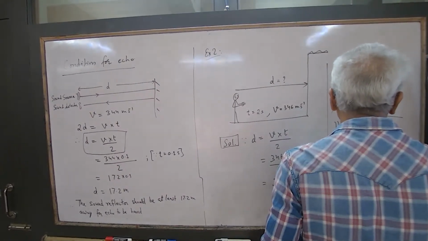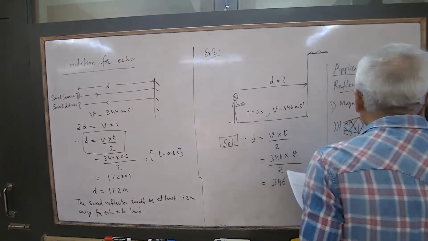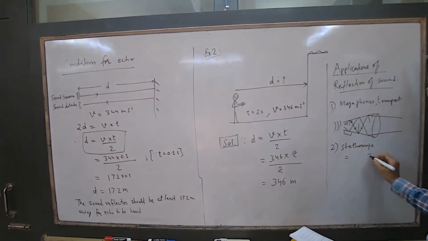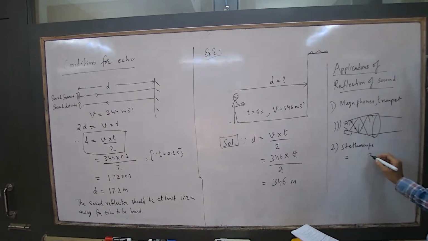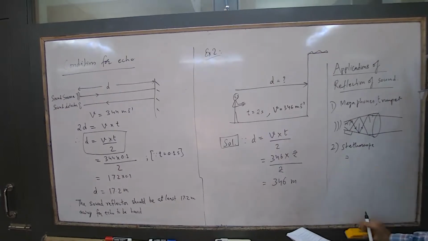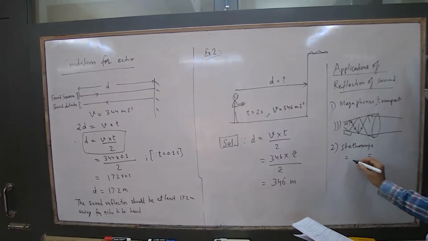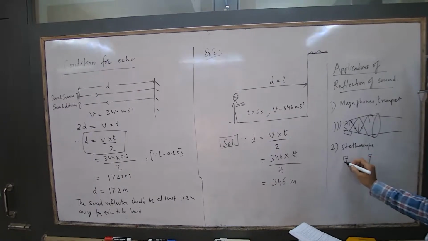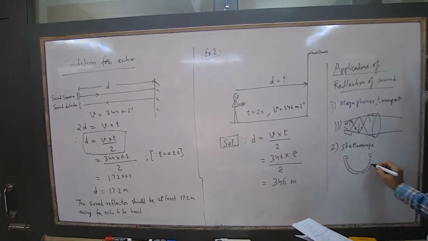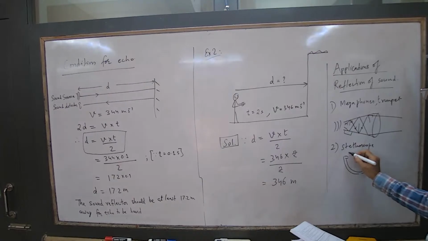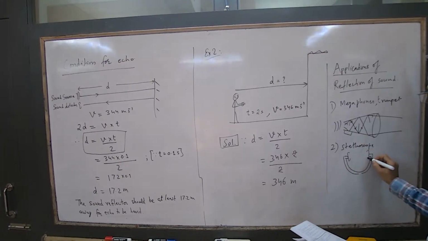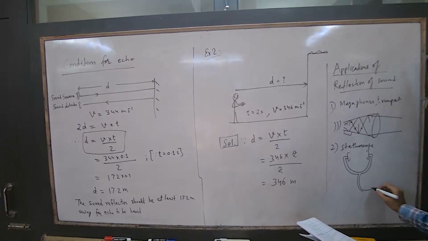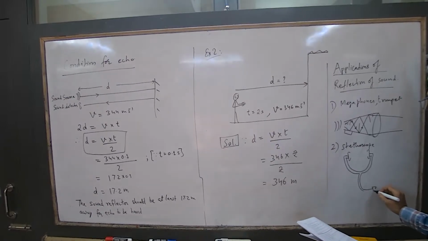Second, the stethoscope, the doctor's stethoscope. So the doctor has two sound inputs, which go into the ears of the doctor. And how does he pick up sound?